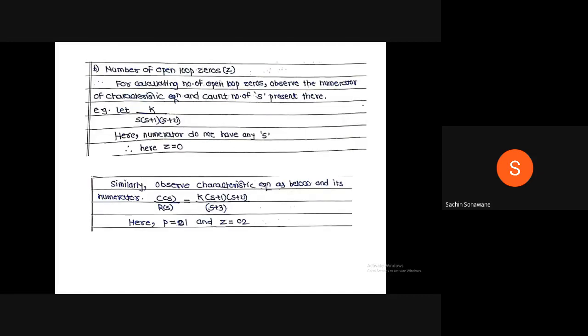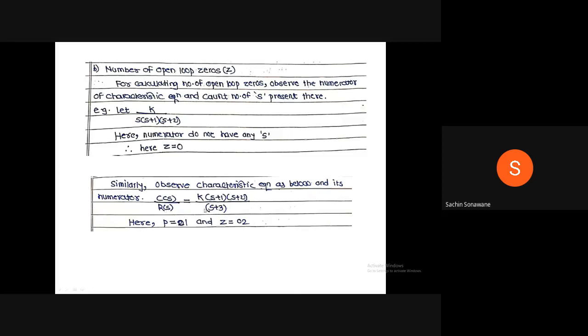Therefore, s is equal to 0, s is equal to minus 1, and s is equal to minus 2. Therefore, 3 open loop poles are there. For calculating open loop zeros, in this equation K divided by s into bracket (s plus 1) into (s plus 2), the number of s terms in the numerator is 0. Therefore, the number of zeros Z is equal to 0.